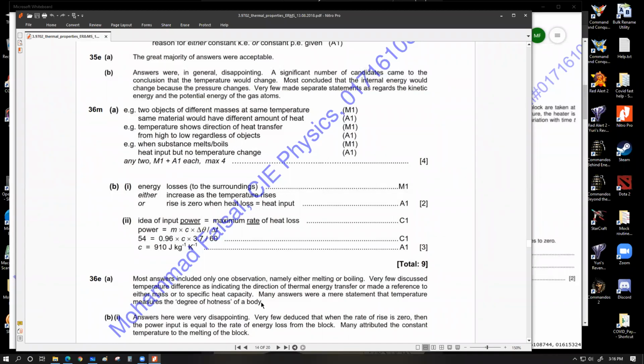Degree of hotness reminds me of the hot crazy matrix. Anyway, just out of curiosity, do any of you know what a hot crazy matrix is? Did I ever talk to you about this? Anyone? No, sir.